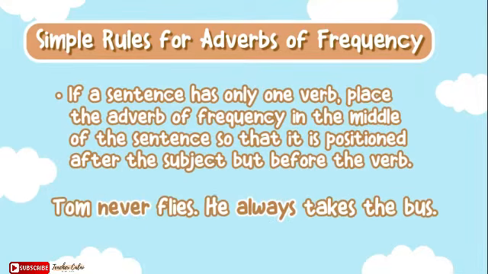Tom never flies. He always takes the bus. In the first sentence, the adverb used is placed in between the subject and the verb. Same thing in the second sentence. The adverb used is placed in between the subject and the verb.